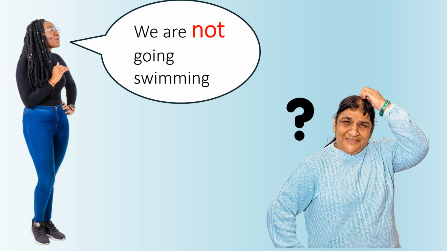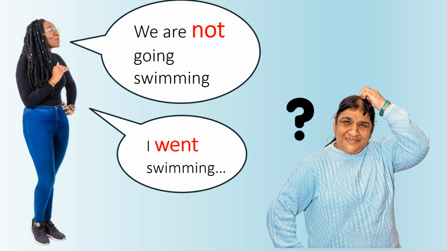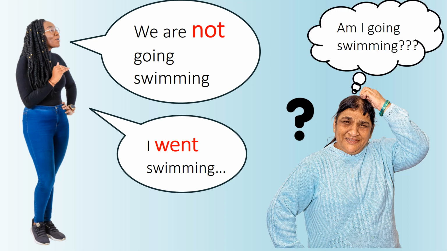For example, some people are prone to misunderstanding negatives, such as, "We are not going swimming." Or they might struggle to follow sentences with too much information, or understand the difference in the meaning of "I am going" compared to "I went." Some people can struggle to remember what people say to them, which can make it harder to follow long sentences.